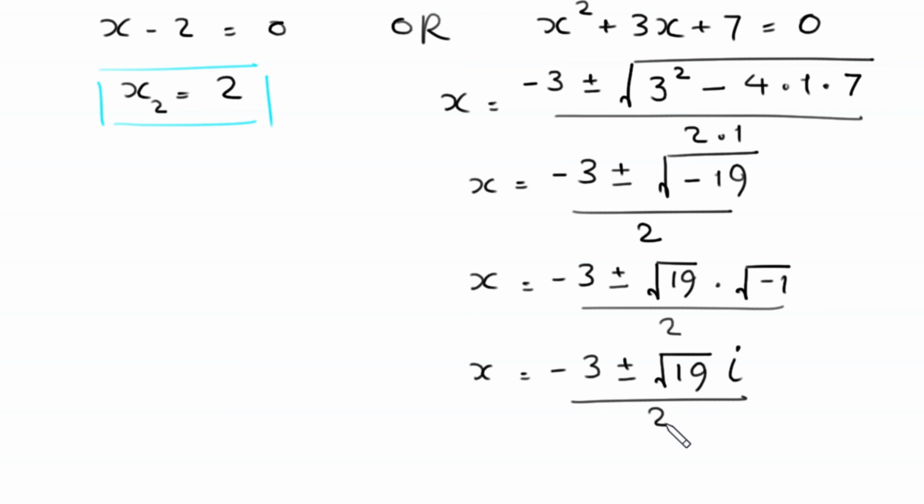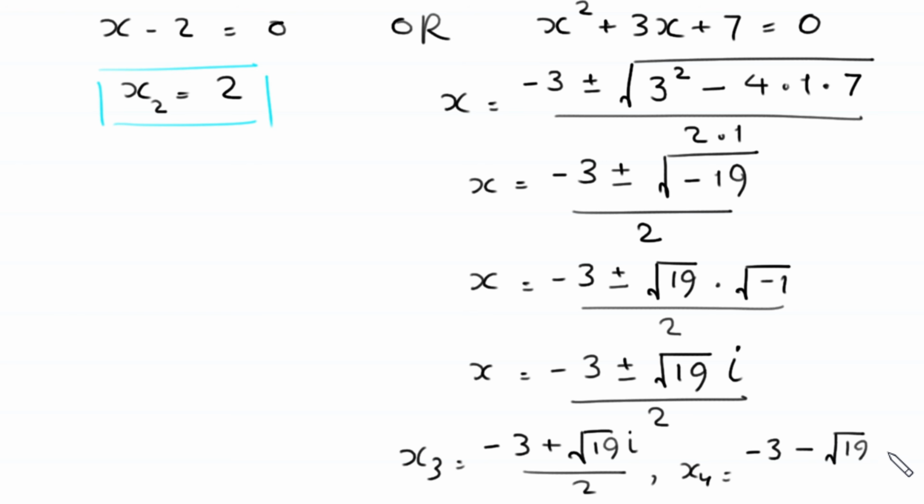So from here we get other two values of x. x3 is equal to negative 3 plus root 19 i over 2, and x4 is equal to negative 3 minus root 19 i over 2. And first we found the value of x2 is equal to 2, value of x1 is equal to 1. So we have 4 solutions of this equation.